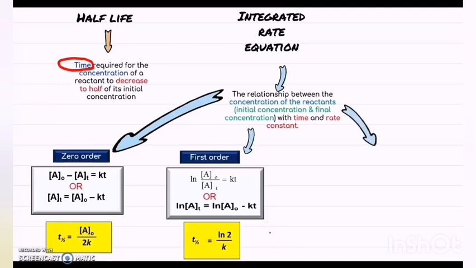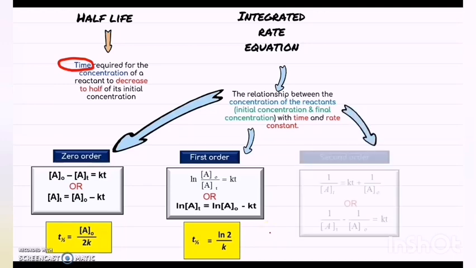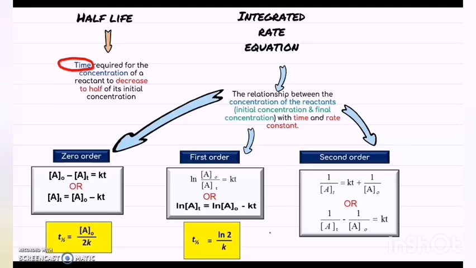And the last one that we will discuss in this chapter is the second order reaction with the integrated rate equation 1 over At equal to kt plus 1 over A naught, or we can rearrange it as 1 over At minus 1 over A naught equal to kt, and our T half as 1 over k A naught.